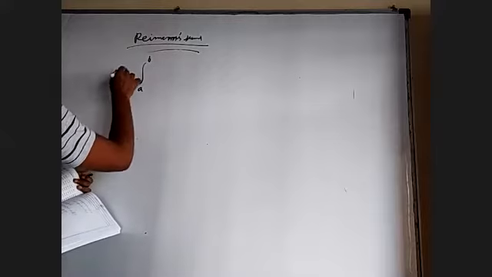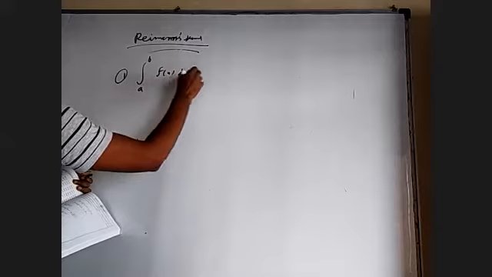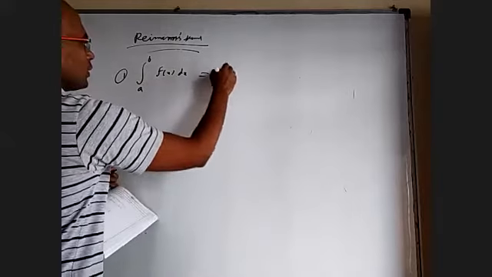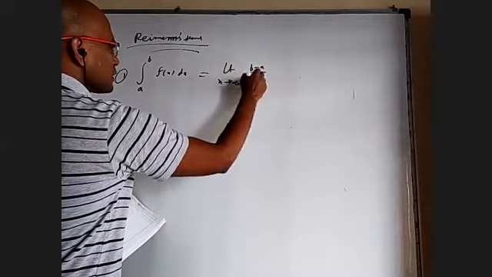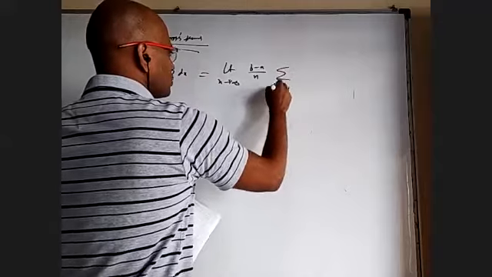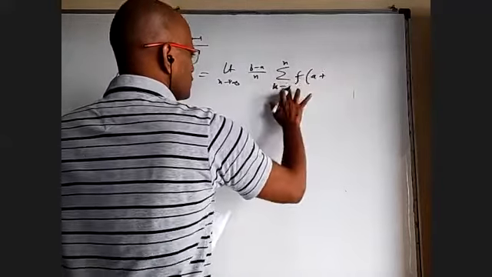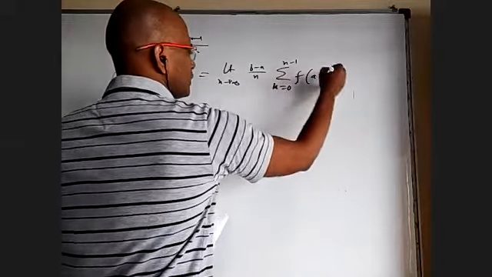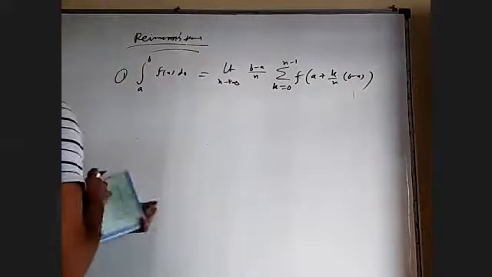Okay, first point: integral a to b f of x dx equals limit n tends to infinity, b minus a by n, sigma k equal to 0 to n minus 1, f of a plus k by n into b minus a.